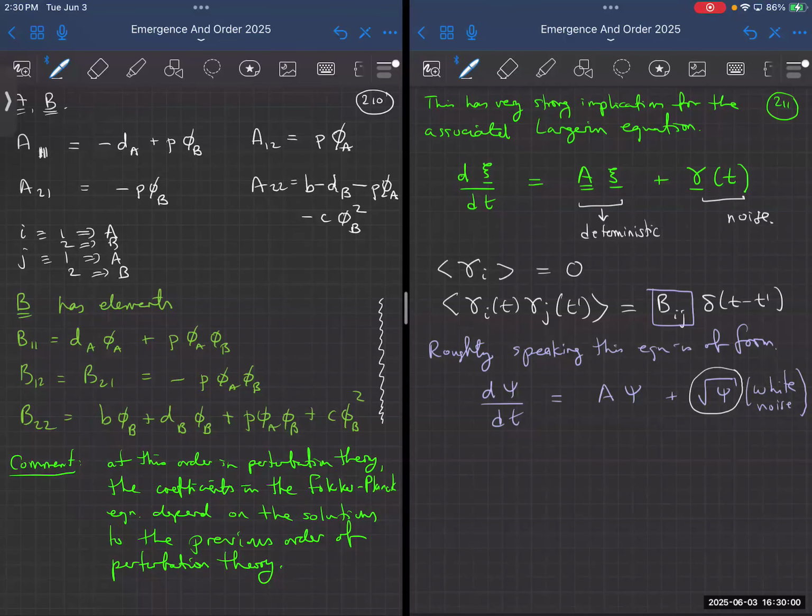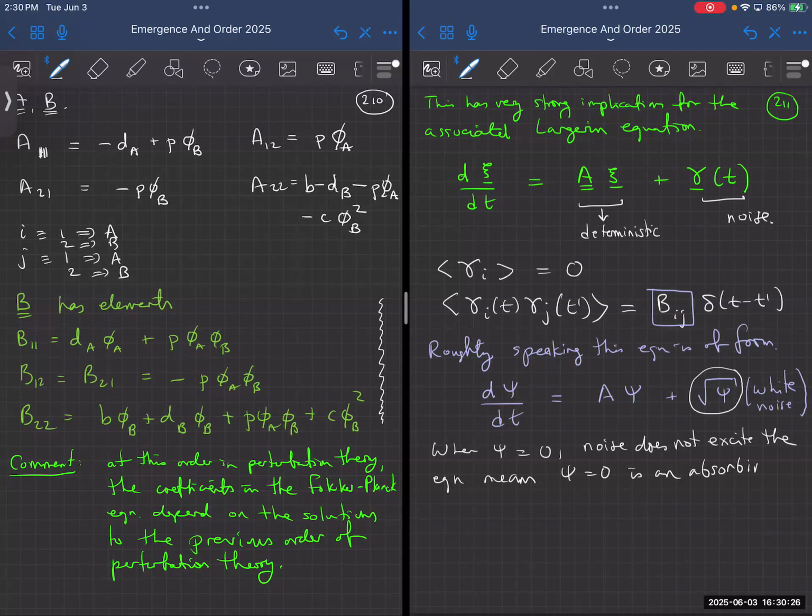So the fact that when psi is equal to 0, the noise does not excite the equation, means that psi equal to 0 is an absorbing state. In other words, once you get to psi equal to 0, then the time evolution stops. And that comes from the fact that this is an equation for integers.